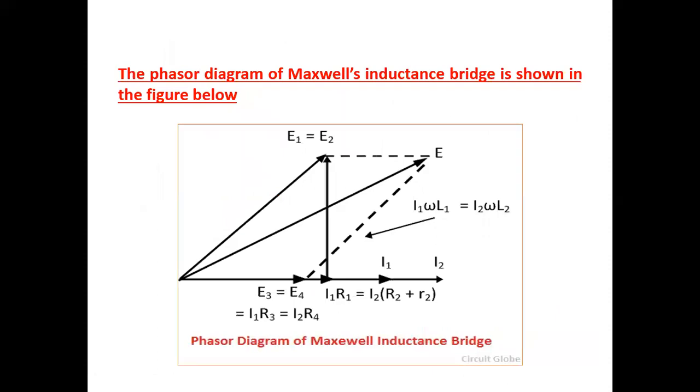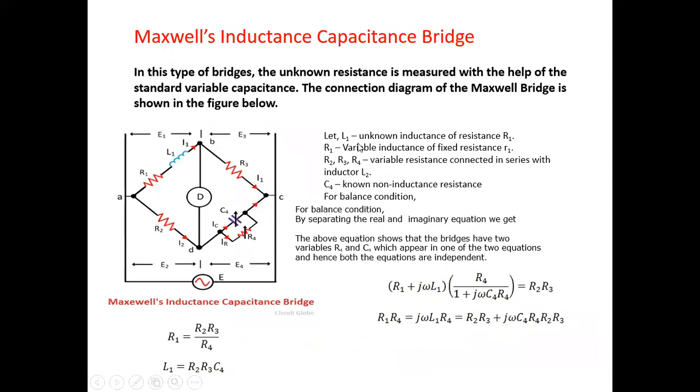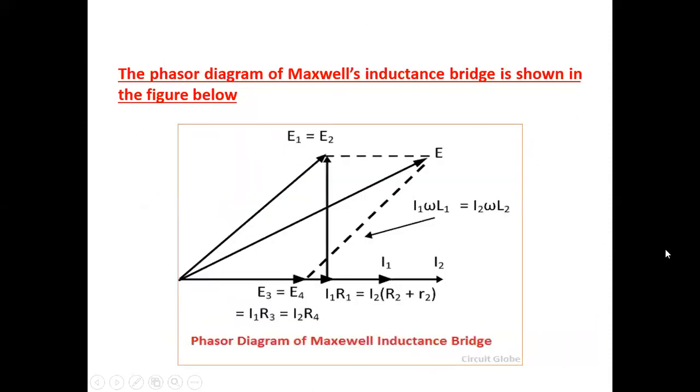The phasor diagram of the Maxwell inductance bridge is shown in the figure. I1 and I2 are taken as reference. The voltages across the resistors are in phase with the current.